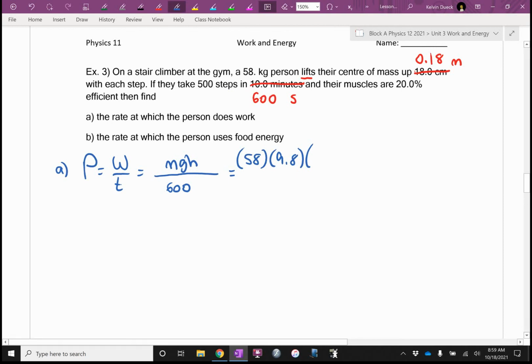Caden, what? The total height this person lifts their body through must be 0.18 meters for each step, but they do 500 of them. Even though they're staying in one place, they're lifting themselves up. Okay. All over 600. What do you get?